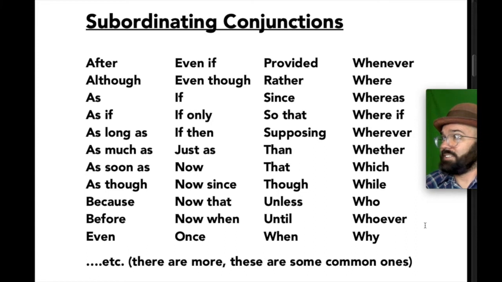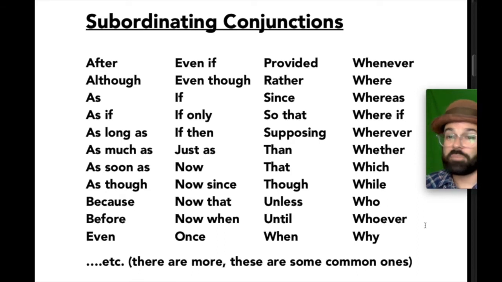That's a long list. And you know what? This isn't even all of them. These are some very common ones, but they're not all of the subordinating conjunctions. You can write them all down. I would pause the video because I'm not going to give a whole lot of time for it. But there's also lots of lists online. You can find lists shorter than this and lists longer than this. This one's kind of in the middle. One thing I do want you to notice, though, as you're looking at these, is that some of them involve more than one word.